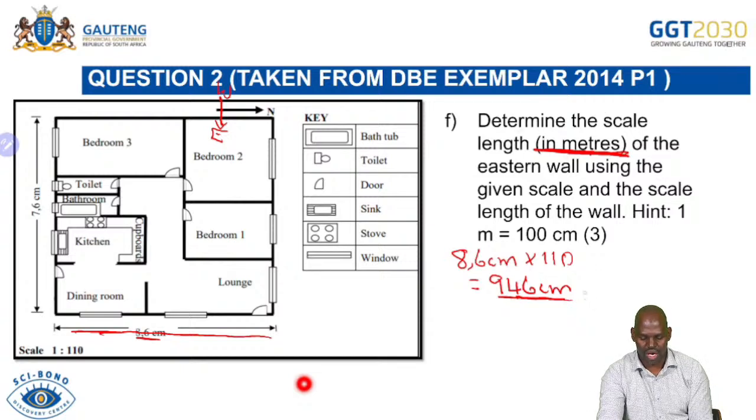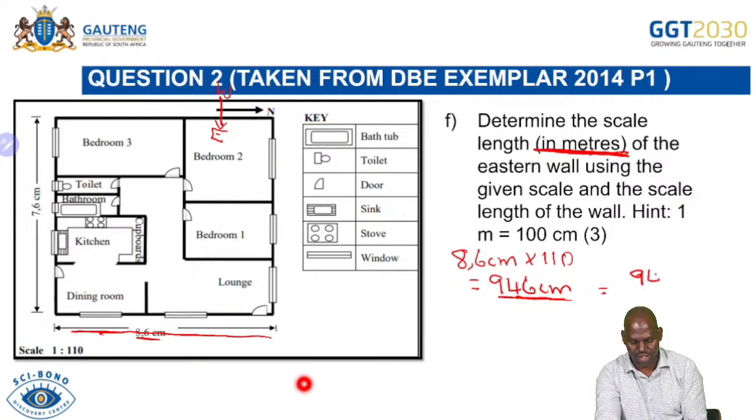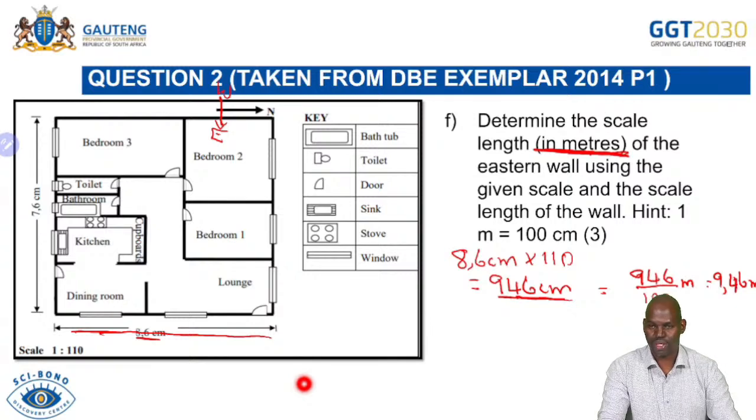We need to convert it. How do we convert from centimeters to meters? We divide by 100. So 946 centimeters divided by 100 becomes meters, and this is 9.46 meters. So that is the answer of question 2F.